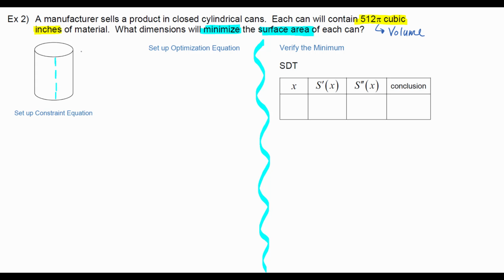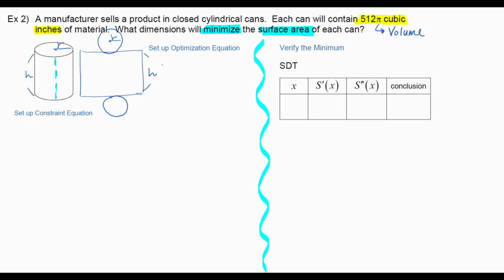Once it's cut open, this cylinder will look like a rectangle here because you cut the side and you open it up all the way, and there will be a top lid and bottom lid of the can. The radius of this circle will remain the same. The height of this cylinder will stay the same as the height of this open cylinder.